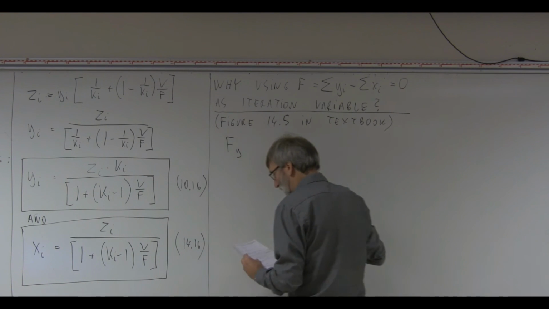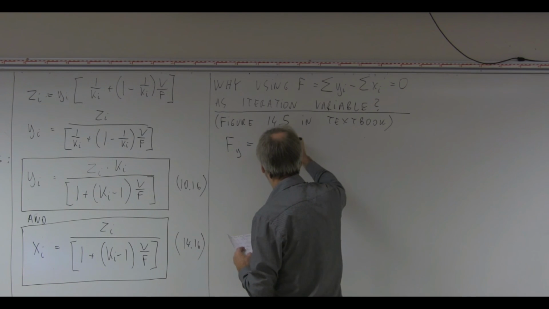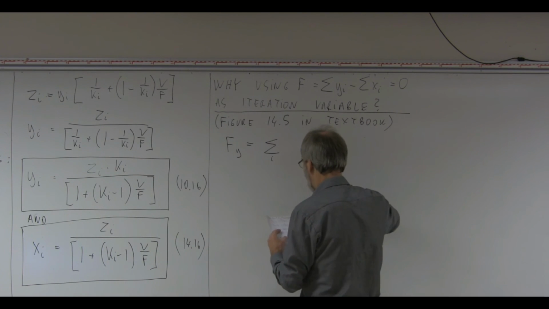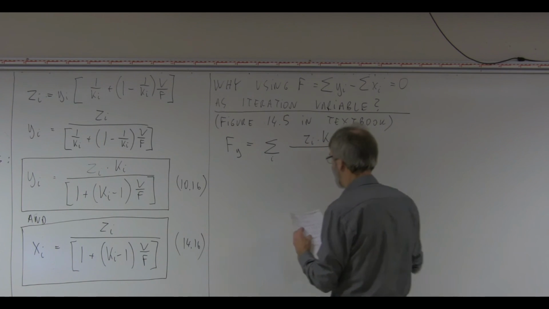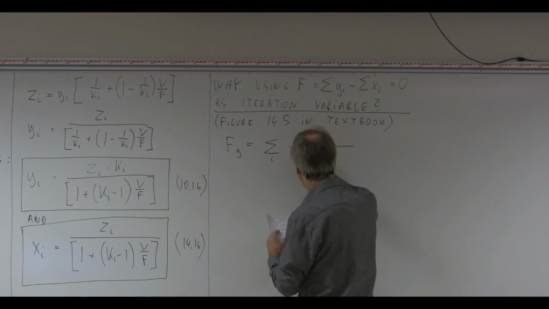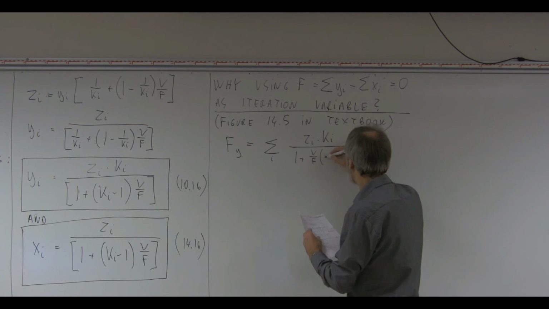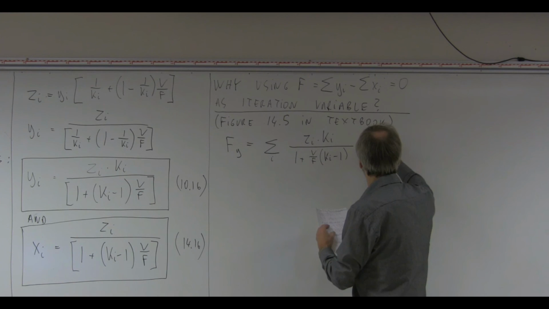We can make an f_y expression, which is the sum of all i of z_i K_i divided by 1 plus V over F times K_i minus 1, minus 1.